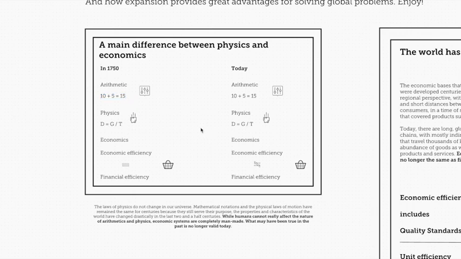It was being spread around the world as a standard. And really today, if you have 10 units of anything and you add 5 units, then you would have 15 units.